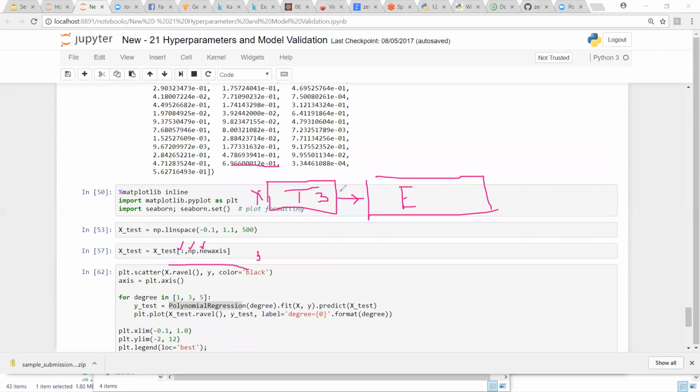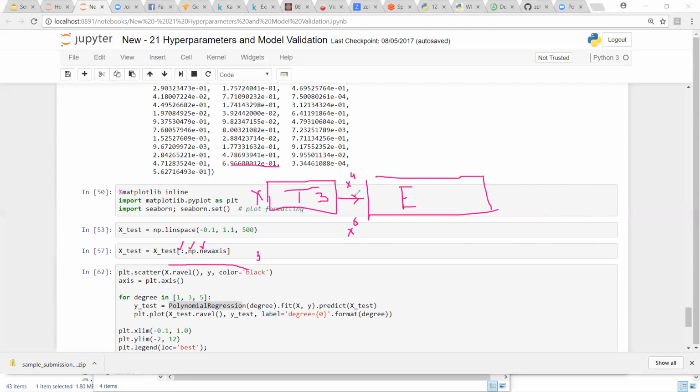Your output is x with 4 columns, given 3, or x with 6 columns, given 5. That is the output of this. Yes, 3 for 4 and 5 for 6, exactly.